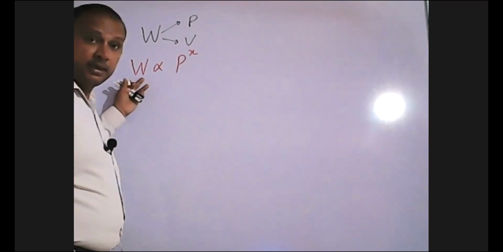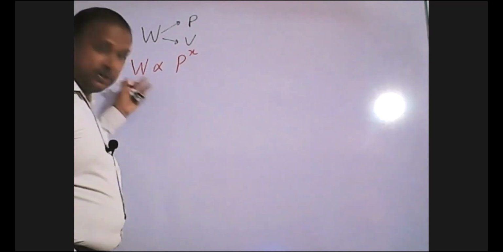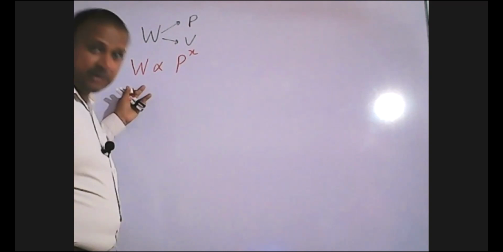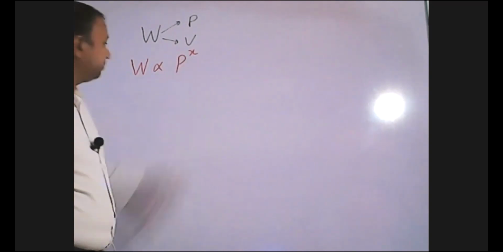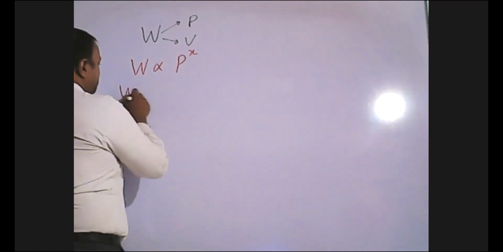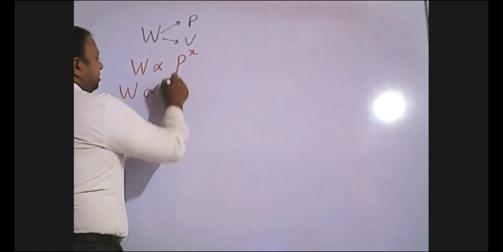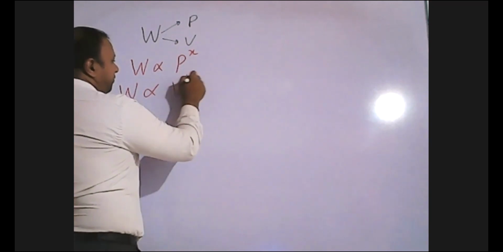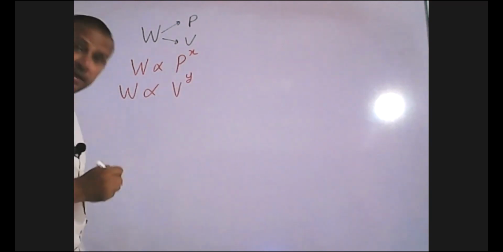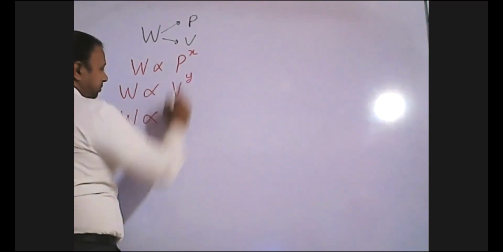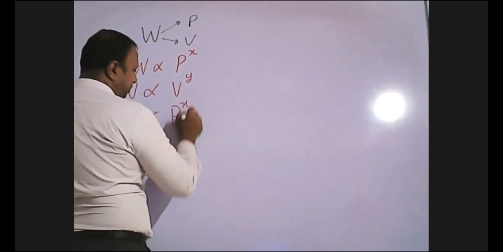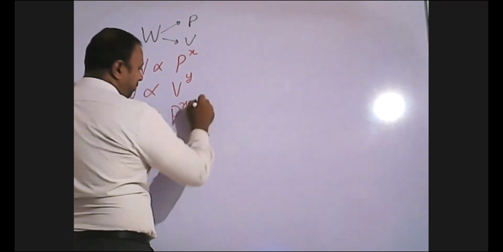The assumption means I have assumed work done is directly proportional to some power of pressure. Then my second assumption is work done is directly proportional to some power of V. So I can combine these two relationships and build this one: P to the power x, V to the power y.